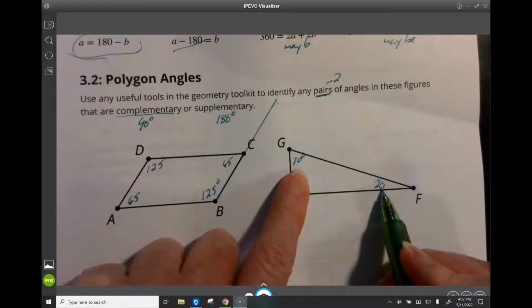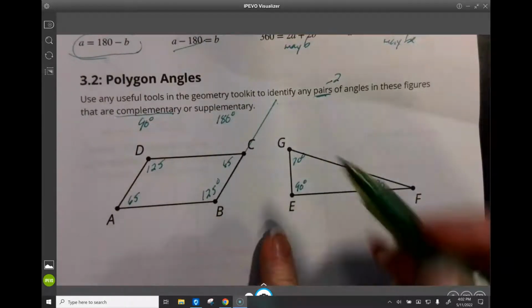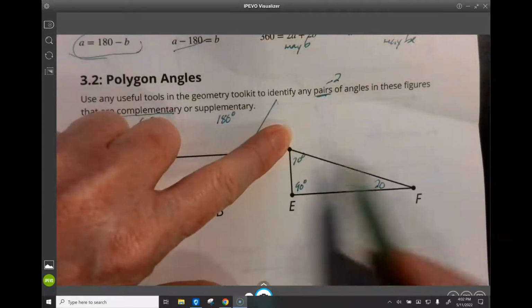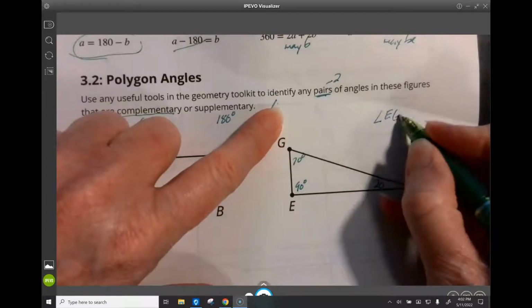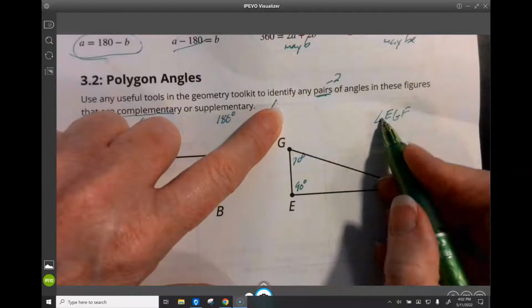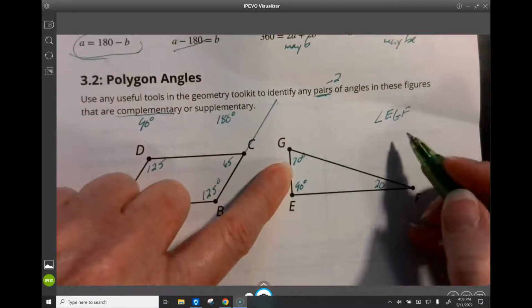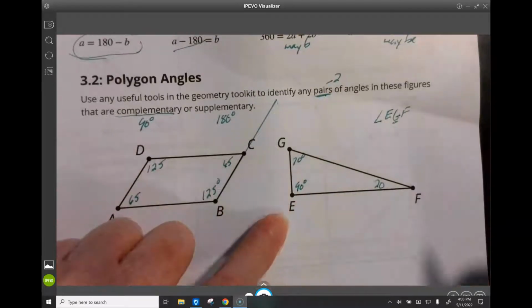Which 2 angles? Well, 20 plus 70, those add up to be 90, and look at these angles. You can name this angle EGF, or angle FGE. E has to be in the middle for that angle. Or, because there's no confusion as to what that angle is, we can just name it by its vertex.